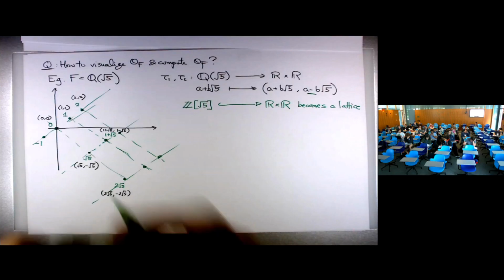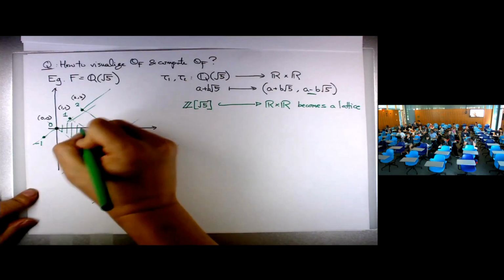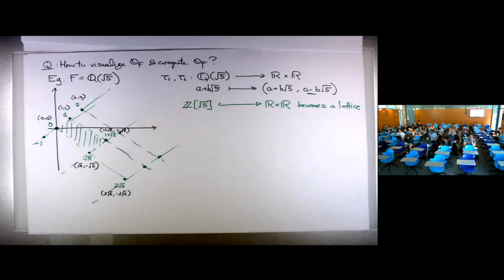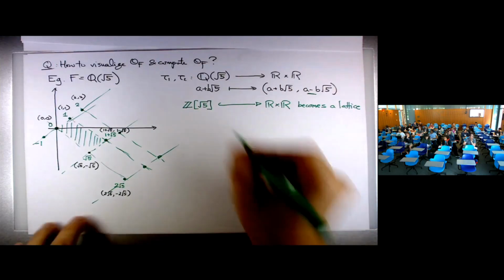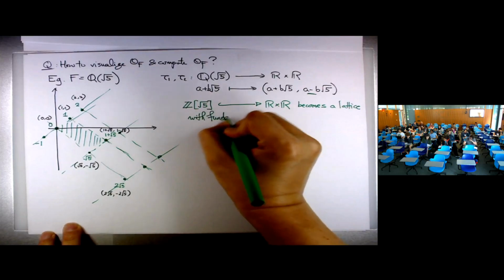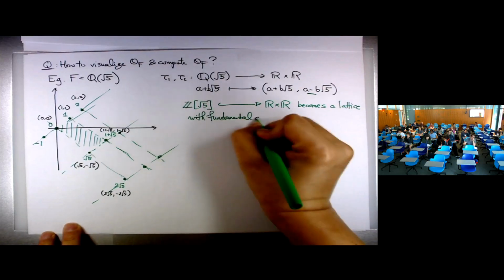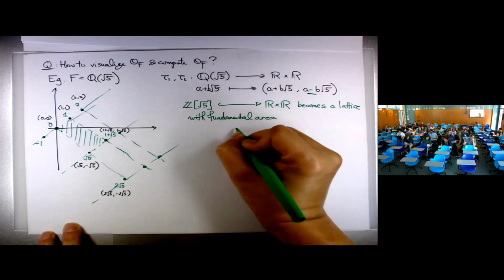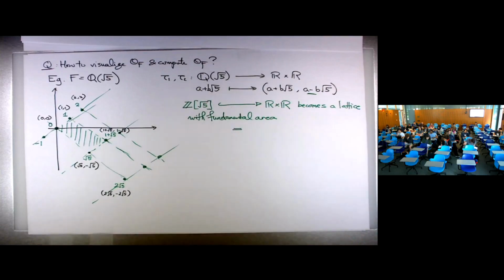And of course, for a lattice, you can ask what's the area of each of the cells. It's called the fundamental area. What is it equal to in this case? Well, you can check.